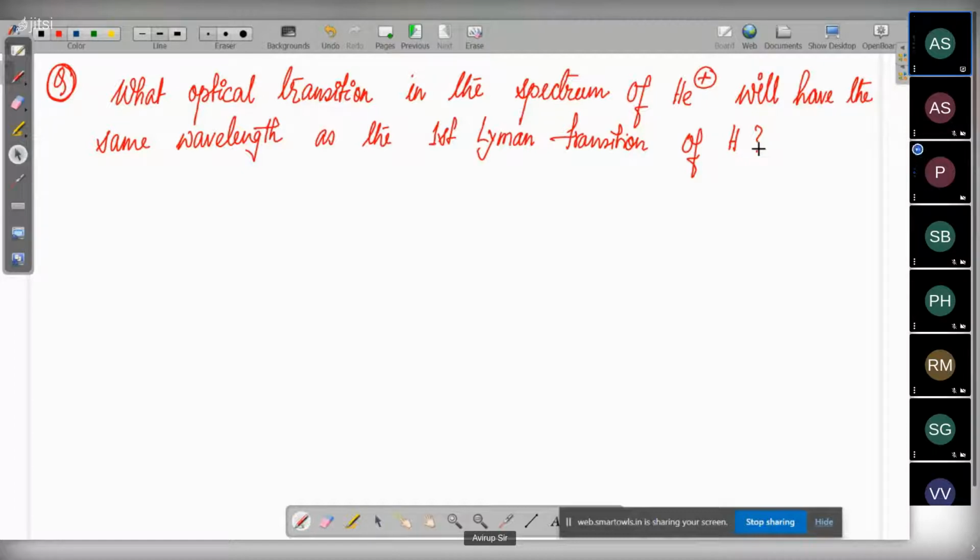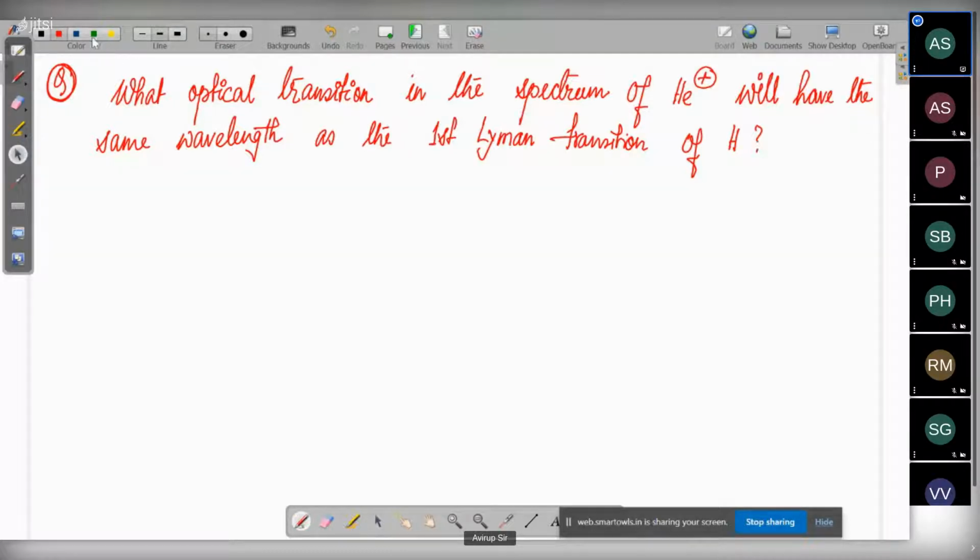What you have to do here is find out the 1 by lambda value in both the cases and then simply equate them. Because it is said to have the same wavelength. If lambda is the same, then obviously 1 by lambda also has the same value. So that only we will be doing.